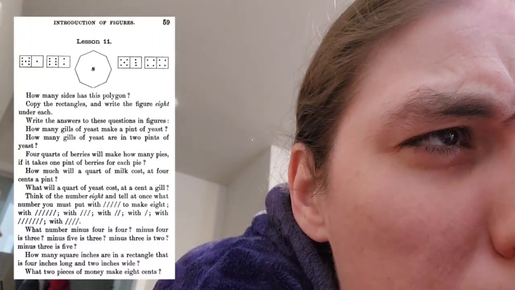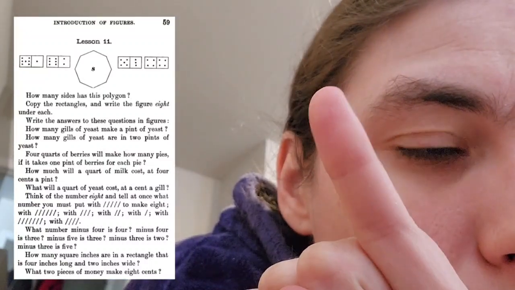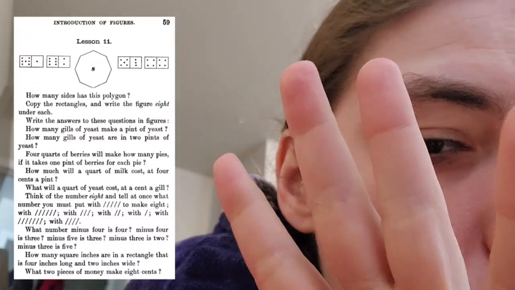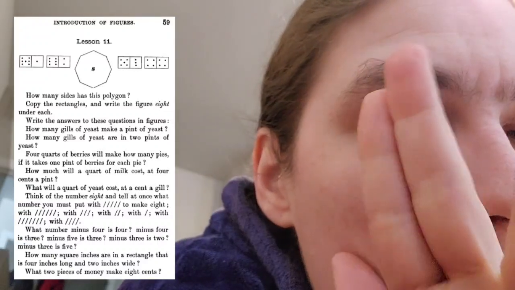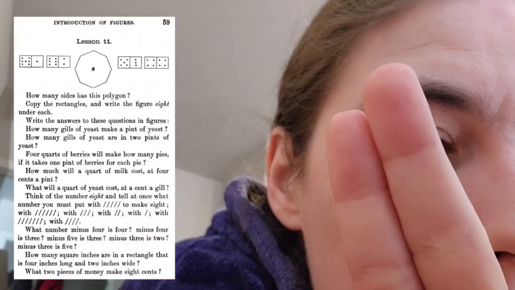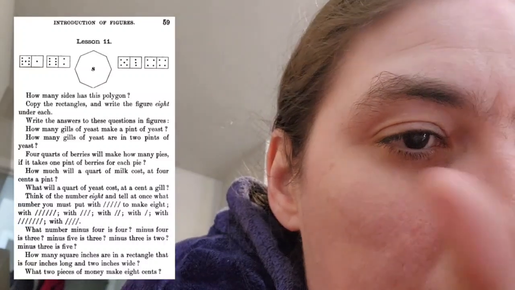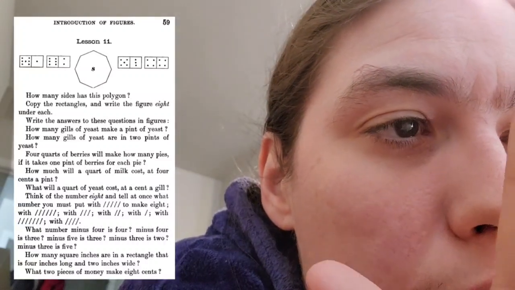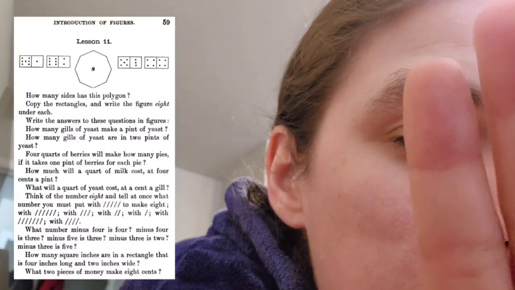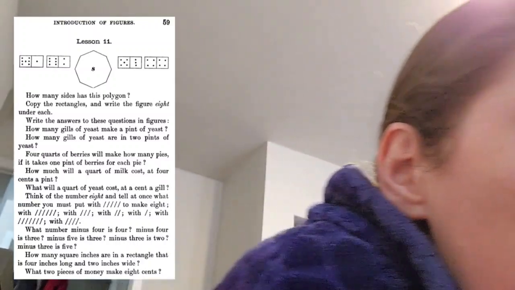I think you can do 8 pies, because if 1 quart is 1 pie, and you have 4 quarts, and I already broke it down with my fingers, that's going to be 2 pies, 3 pies, 4 pies here, but this is a half pie, and then another pie. So that's 8 pies. That's 8 pies that you can make.